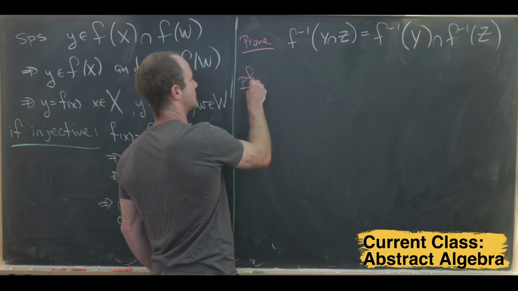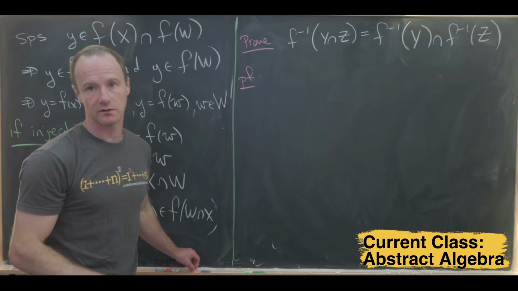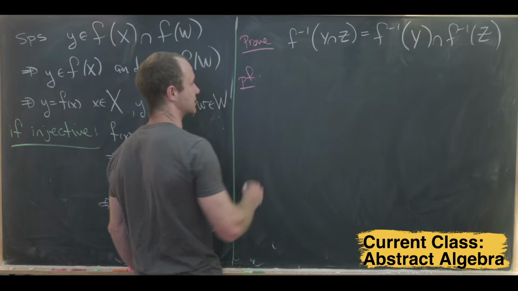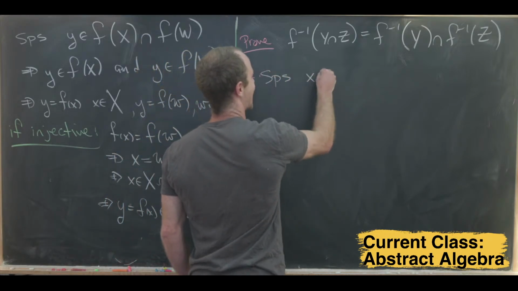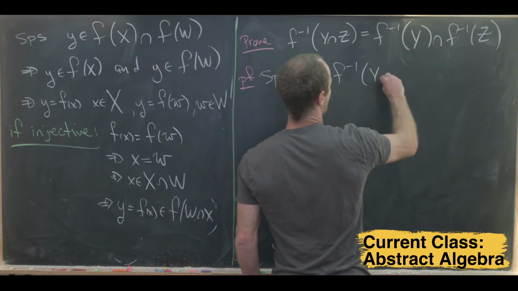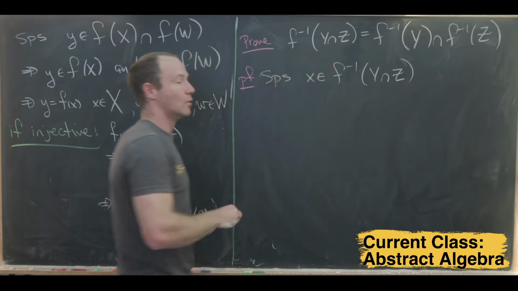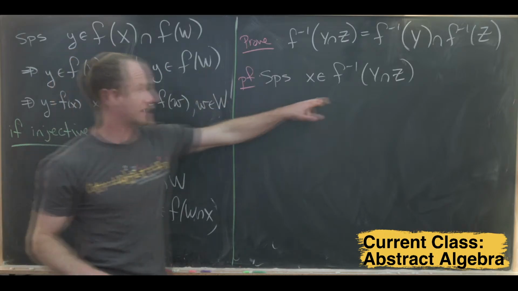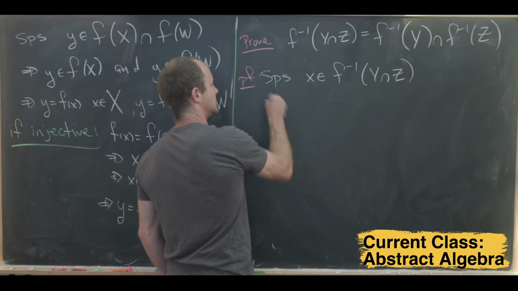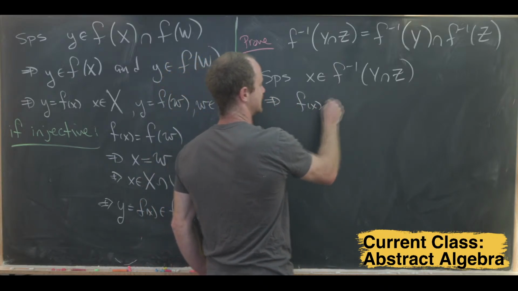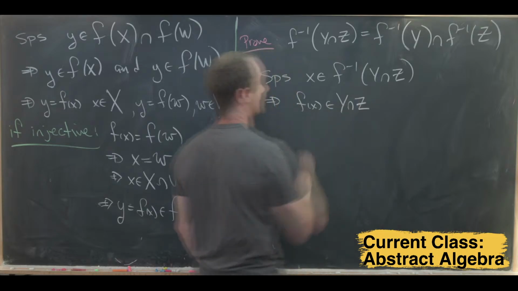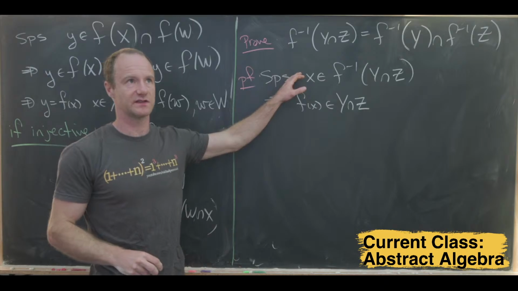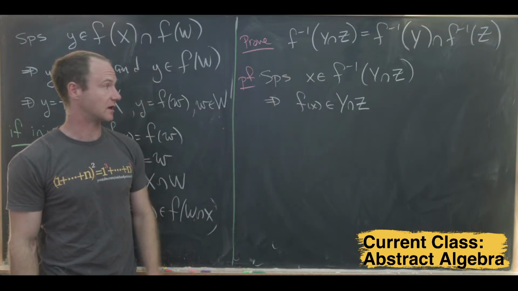So proof. We have to do double inclusion here, right? Because we're trying to show these two things are equal. Maybe we'll only do one. We'll see how it goes. So let's suppose that x is in f inverse y intersect z. What does it mean to be in the pre-image? That means that if you apply f to this, then you're inside y intersect z. So that tells us that f of x is inside y intersect z. Again, we're unpacking this element of thing here.